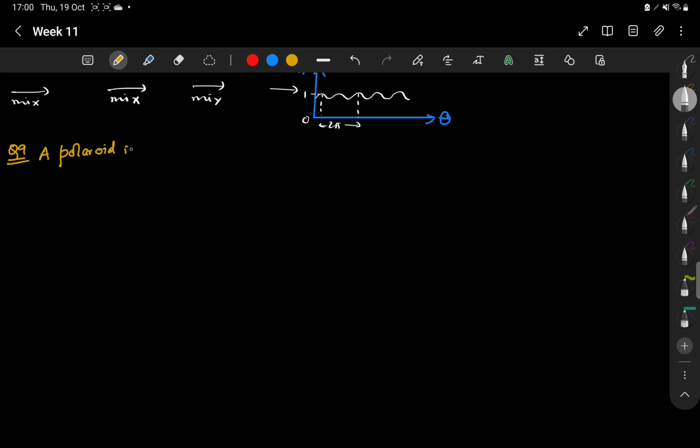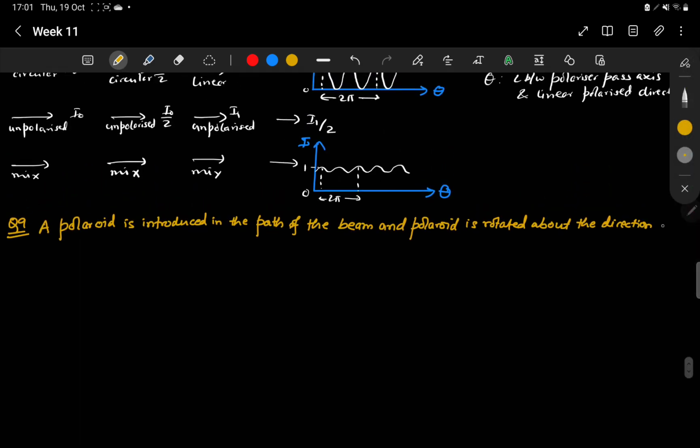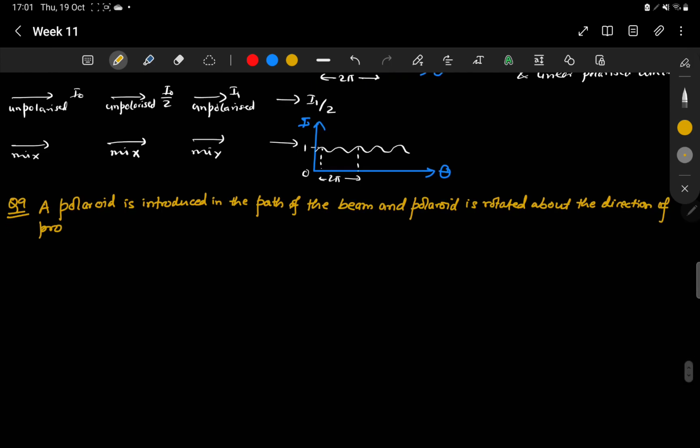A Polaroid is introduced in the path of the beam and the Polaroid is rotated about the direction of propagation of the beam.